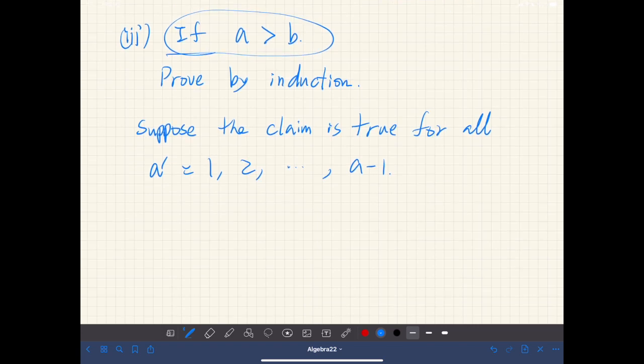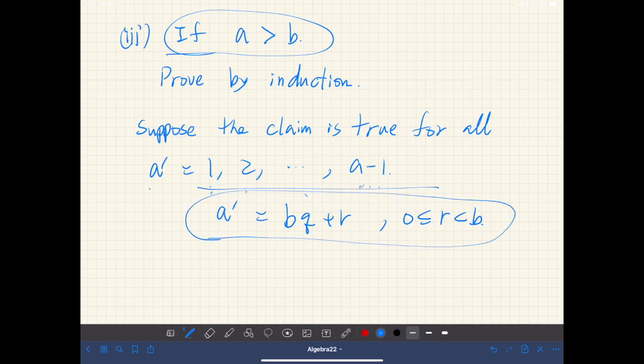So that means for every a prime that is either 1 or 2 or up to a minus 1, there exist some integers q and r satisfying this equation. So for any of these, we can find q and r appropriately.